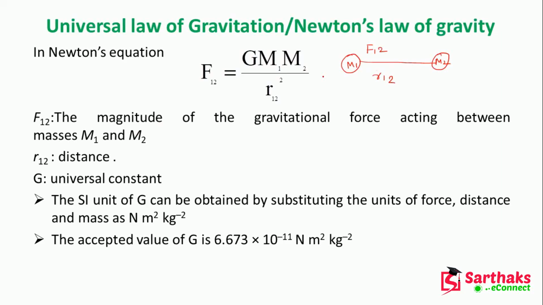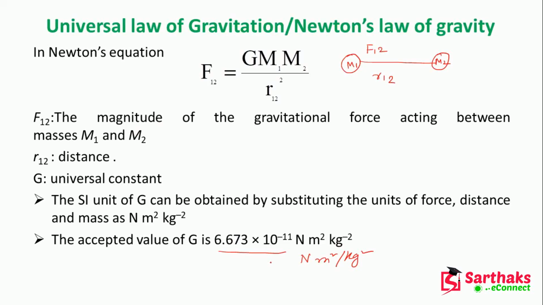And G is nothing but 6.673 into 10 to the power minus 11 Newton meter square per kg square. Okay, 6.673. Actually, it is 6.67259. So by approximation, I can write 6.673 into 10 to the power minus 11 Newton meter square per kg square.